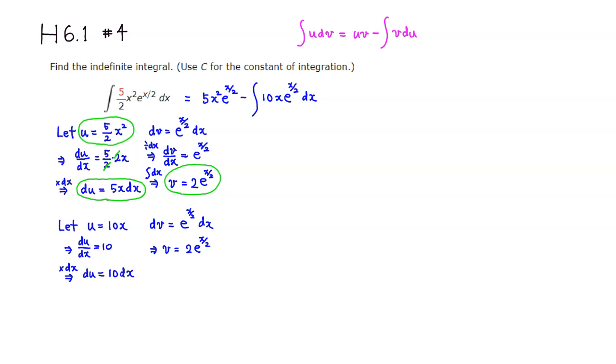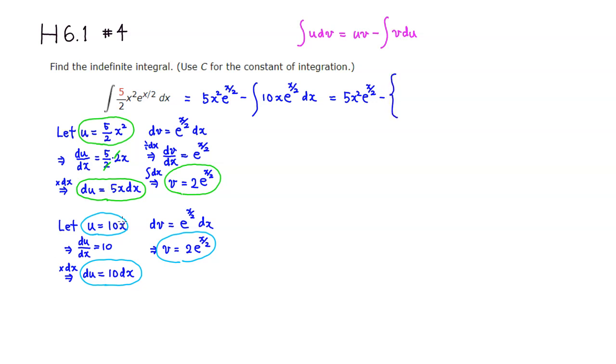Again, we're just going to need u and v and also du. The first term is already done, so I'm going to copy 5x squared e to the x over 2. Minus, and I'm going to put a big bracket, maybe a curly bracket, it really doesn't matter.